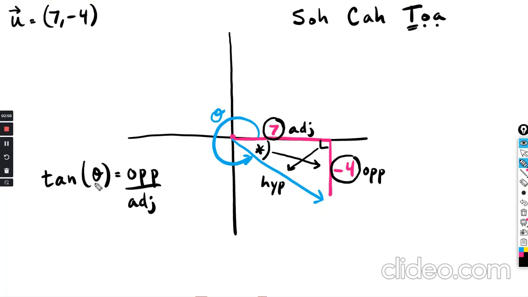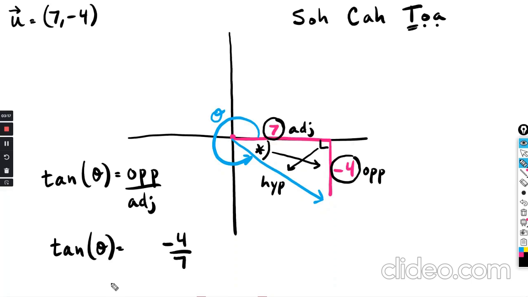Tan of theta equals opposite divided by adjacent. For opposite, we have -4, and for adjacent, we have +7.